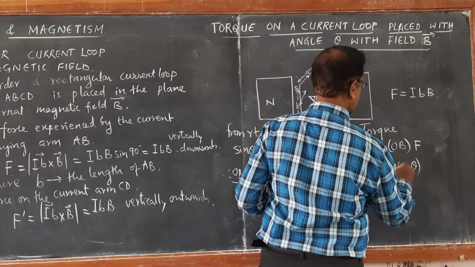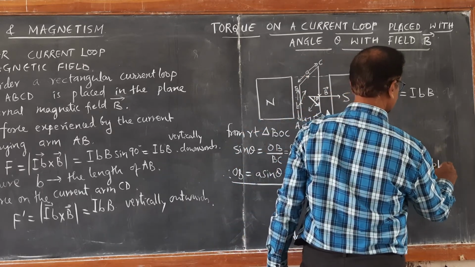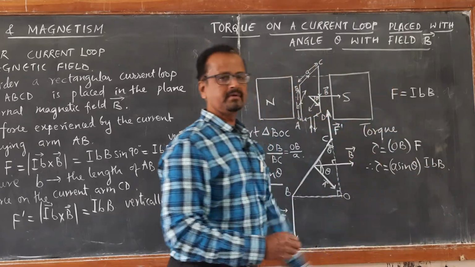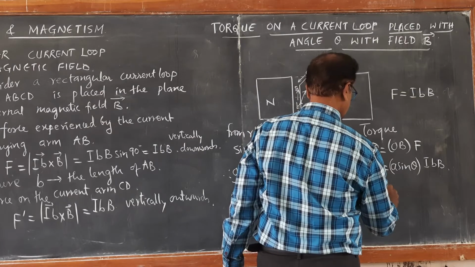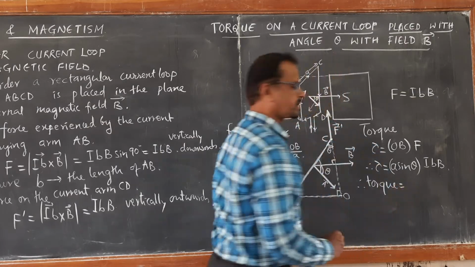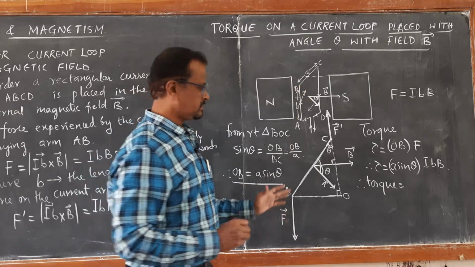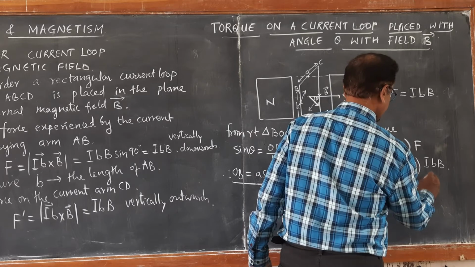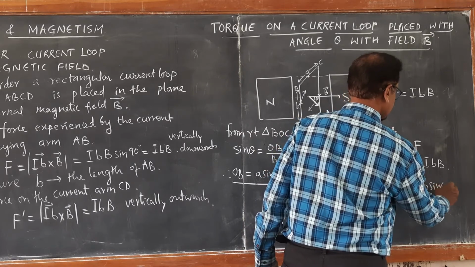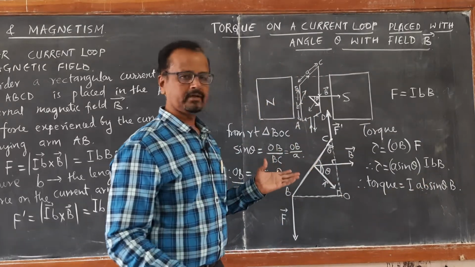into the value of force IBb. The value of force is IBb. Now, clubbing together, we get the torque. Therefore the torque experienced by the rectangular loop placed at any angle theta with the magnetic field is given by torque tau equal to I ab sin theta into B, where ab again gives you the area of the rectangular loop.